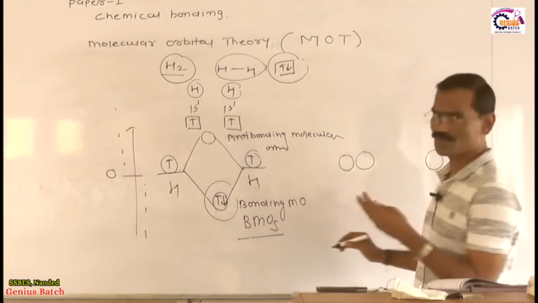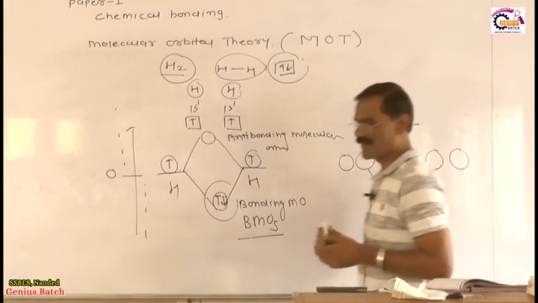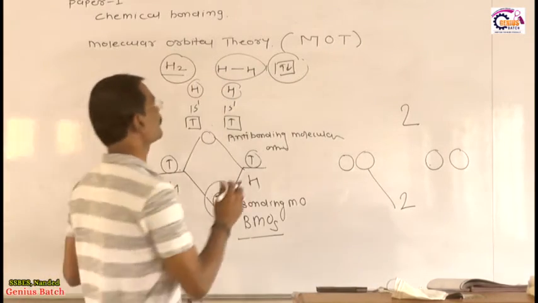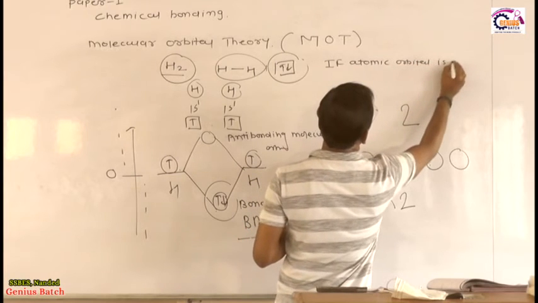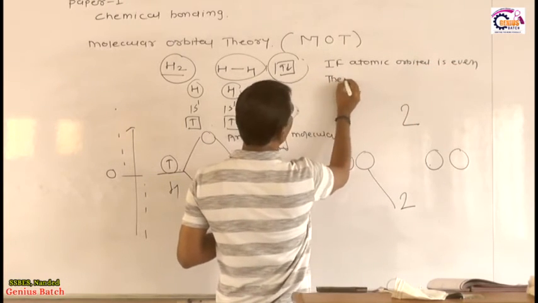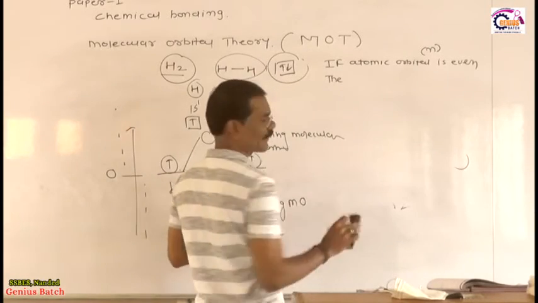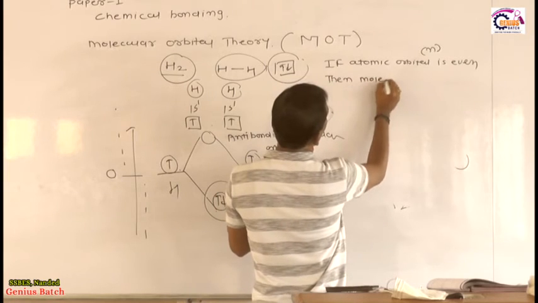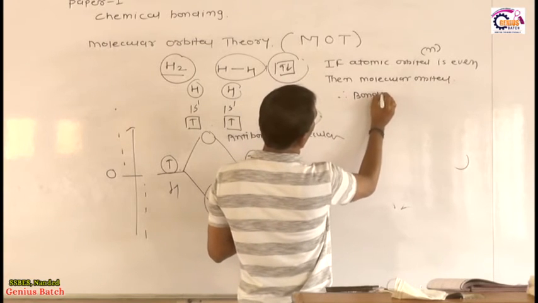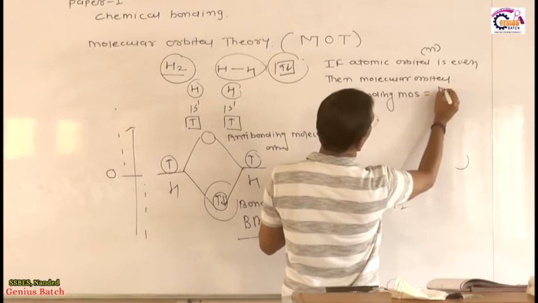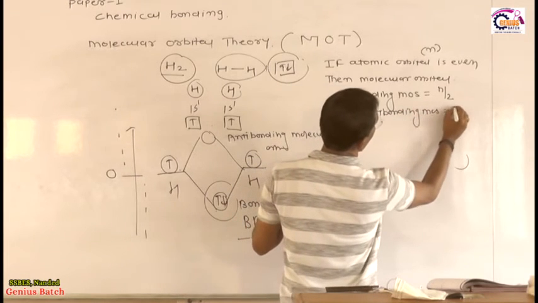Then these give 2 molecular orbitals. In general, listen very carefully: if the number of atomic orbitals is even, suppose we represent the atomic orbitals by n, then the bonding MOs are equal to n by 2, and the anti-bonding MOs are also equal to n by 2.